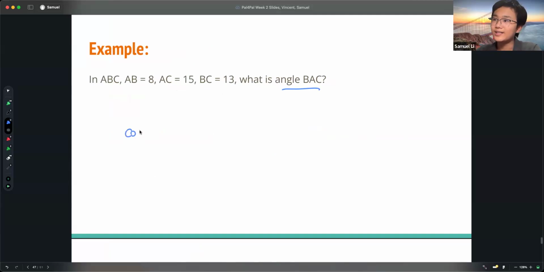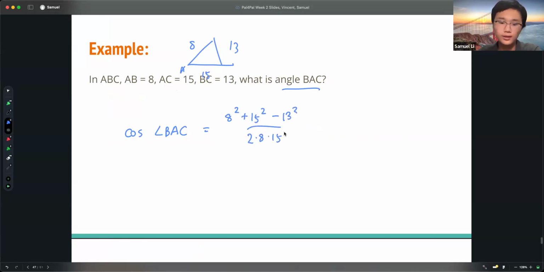So the idea behind this is again, cosine of angle BAC using law of cosines is equal to, AB, AC, BC, so this is 8, 15, 13. So it's equal to 8 squared plus 15 squared minus 13 squared over 2 times 8 times 15.